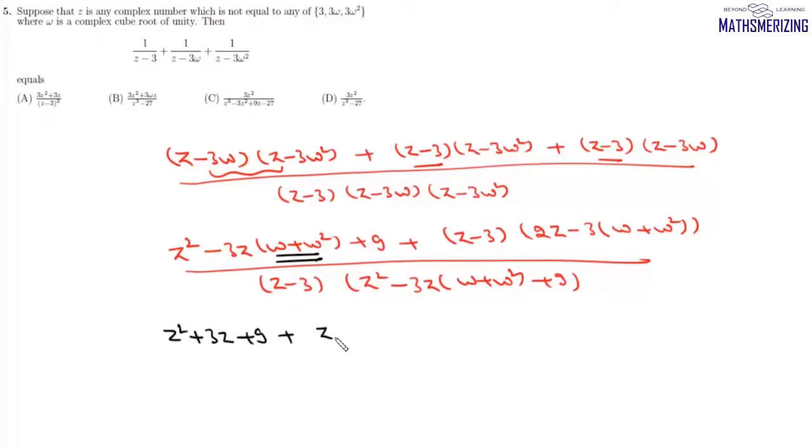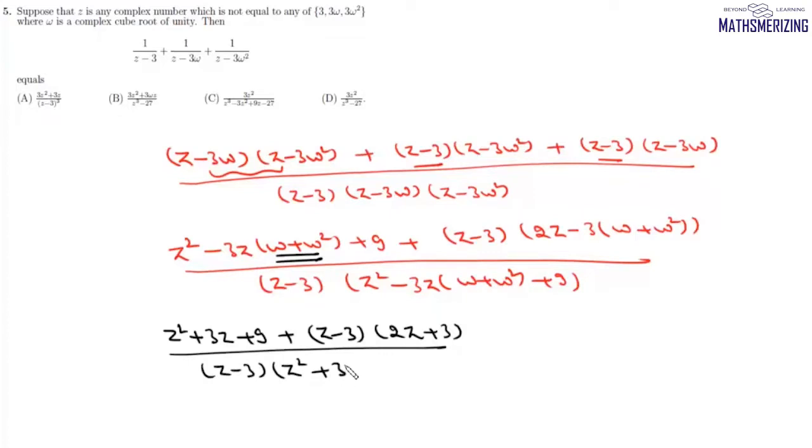And here will be z minus 3, 2z. Now again omega plus omega square is minus 1. So it will be 2z plus 3 upon z minus 3, z square plus 3z plus 9.